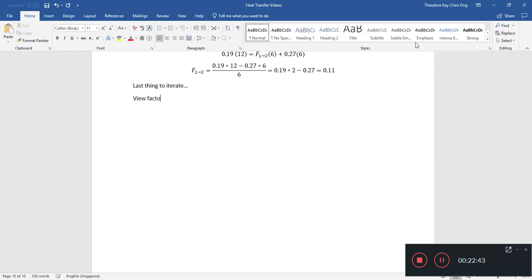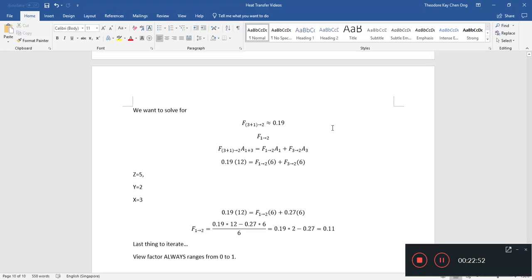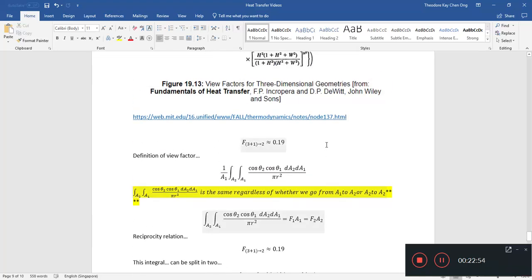View factor always ranges from 0 to 1. Why is that so? You can see all this ranging from 0 to 1, right?